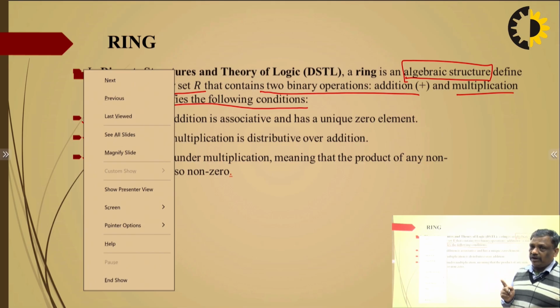The second property is with respect to multiplication: the algebraic structure holds the associative property with respect to multiplication. And the third property is the distributive law, that means over the addition operation and the binary operation both. If these three properties hold, then this algebraic structure is known as a ring.